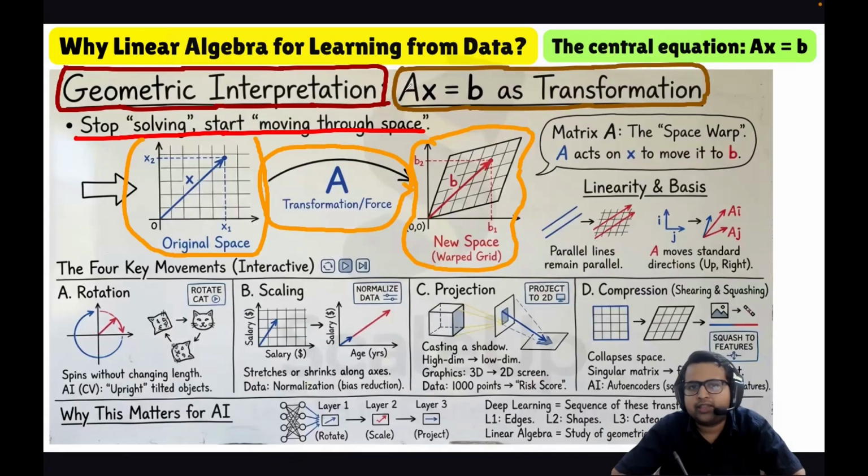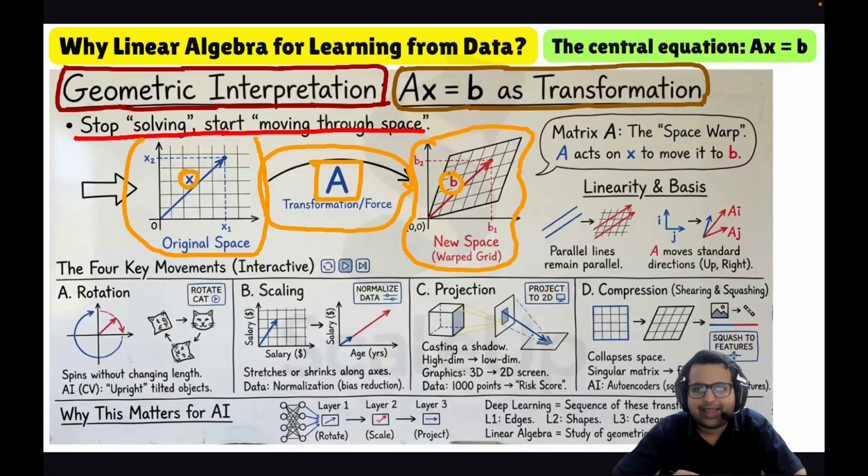A contains the transformation rules, x is the input. If we apply the transformation rules on the input, we get a transformed space, and that is what b is. So here x is the input, A is the transformation rule, and b is the output, the transformed space we got.